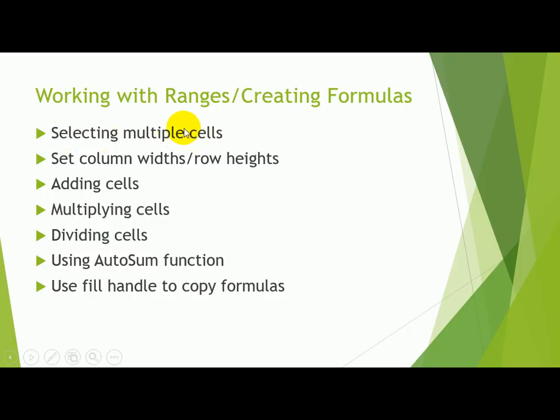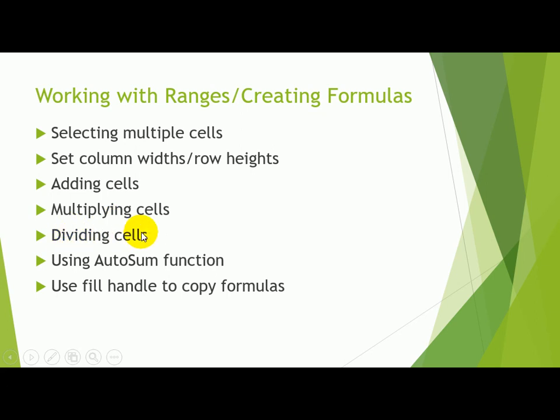In this lesson, we showed you how to select multiple cells using the Control key. We showed you how to set column widths and heights using the Format button on the Home tab. We showed you how to add cells together. Remember, when doing any of these, we start with the equal sign to add cells, multiply cells, and divide cells.